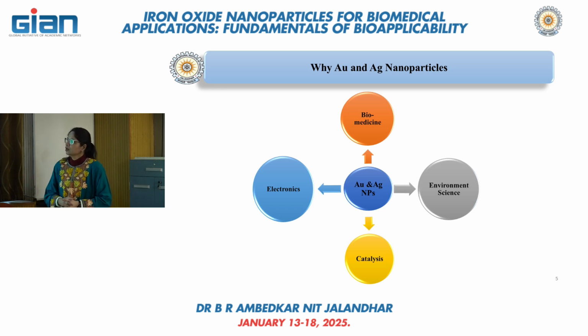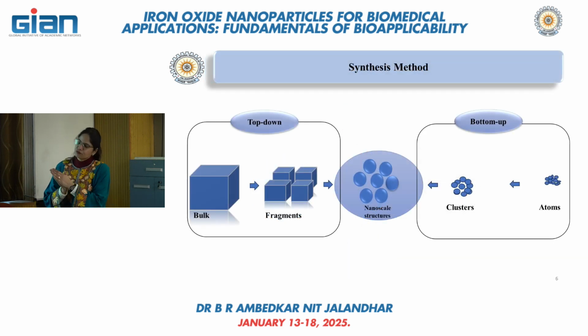Next. Now, as far as the synthesis is concerned, broadly there are two pathways. The first one is the top-down approach. If you look at the picture, this is the simplest way to explain: if you break a bigger size into smaller ones, that is a top-down approach.